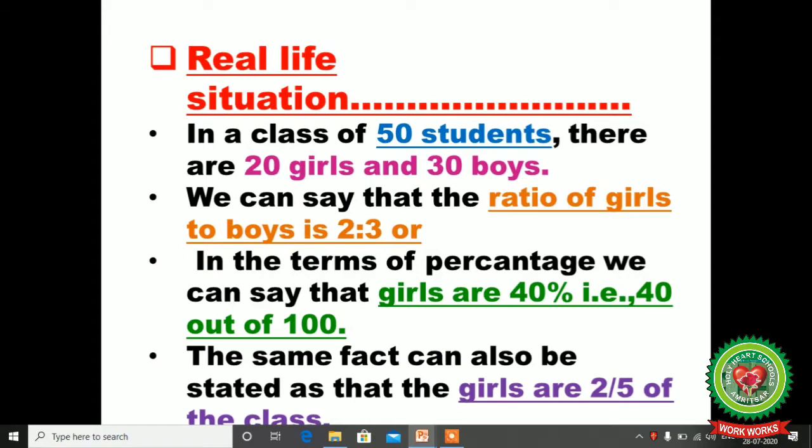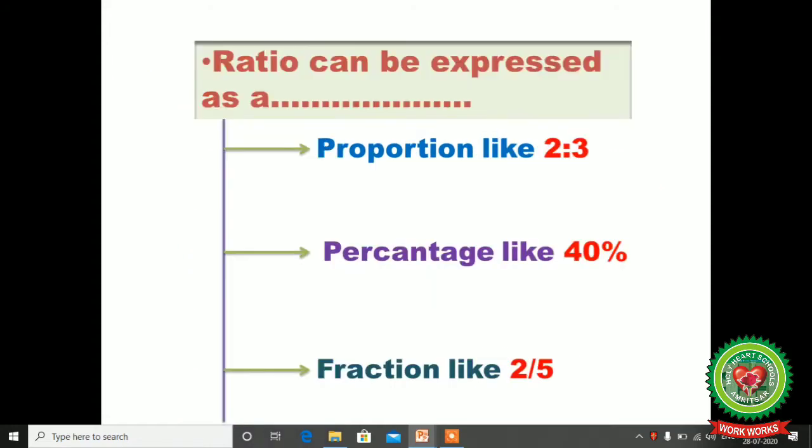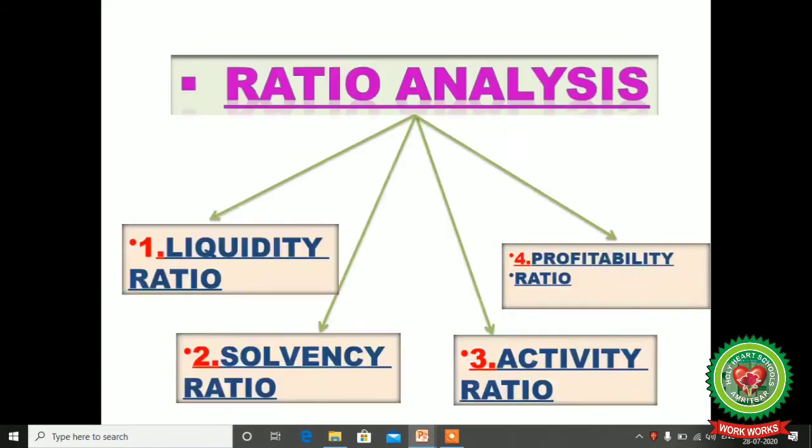So ratio, the proportion, is expressed in three ways. See, proportion like 2:3, percentage like 40%, and fraction like 2/5. So ratio can be expressed in proportion, in percentage, and in fraction.